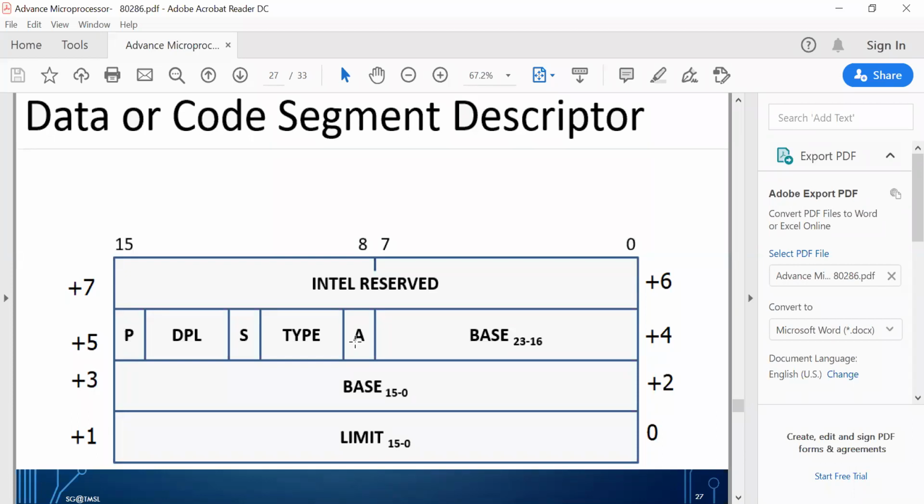The next is the type. Type is actually a combination of 3 bits, and these bits are selected as per data segment or code segment. And S defines whether it is a code or data segment descriptor or a system segment descriptor.